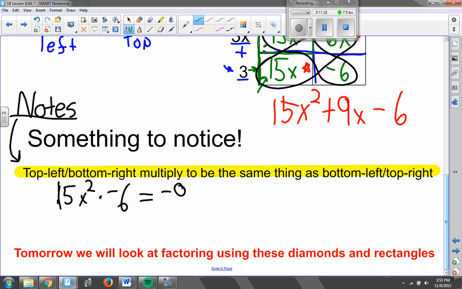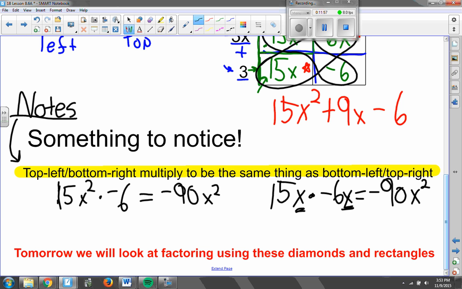So this is negative 90x squared. Now if I look at bottom left and top right, that's 15x times negative 6x, and that is equal to 15 times negative 6, again, is negative 90. And I have an x here and an x here. Those add, or multiply, to be x squared. So I have negative 90x squared there. I have negative 90x squared there.